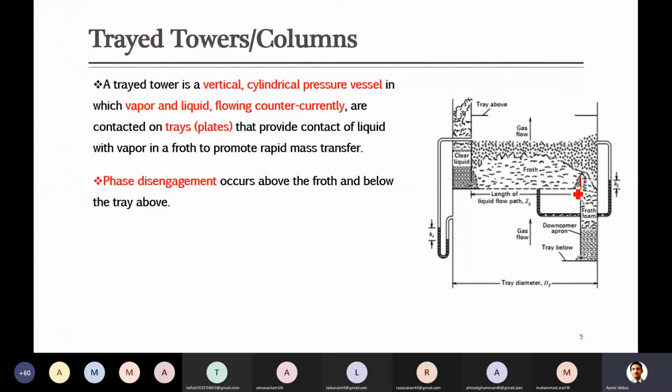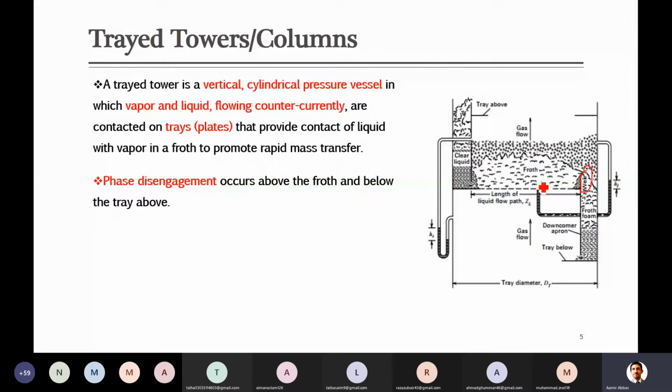For the liquid hold up on each tray, there is a vertical structure, also mentioned in this diagram as weir. Above the surface of the weir, there is still some space between the next tray and this tray. Between these two trays, above the surface of the liquid, we call it the disengagement section.